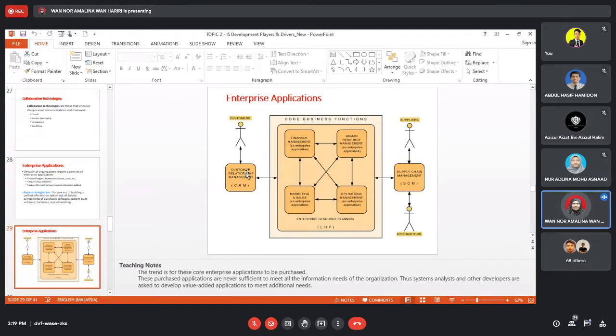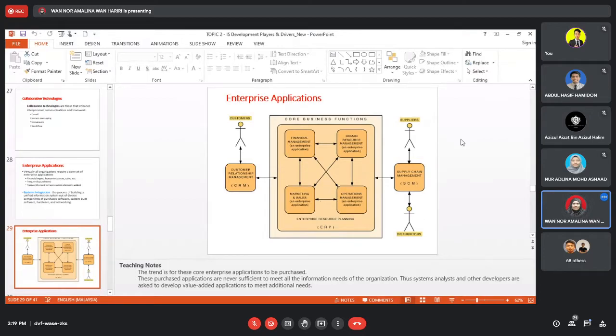So external to the organization, back to the diagram yang saya lukis tadi, it will interact with CRM, that reaches out the customer's end. Okay, and the ERP will also interact with supply chain management that actually interacts with the supplier and also the distributor.